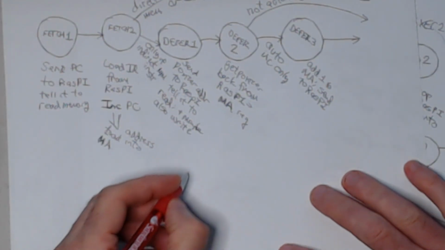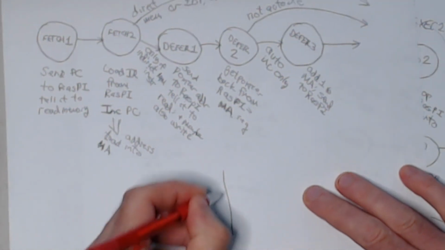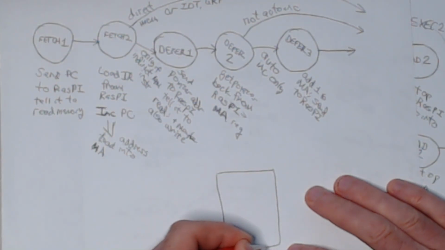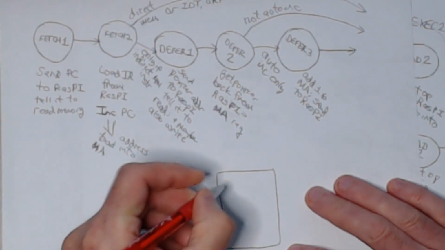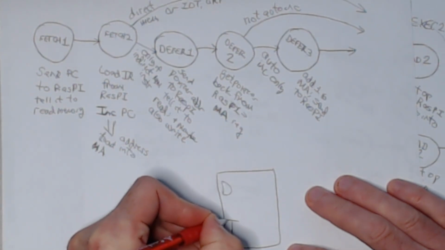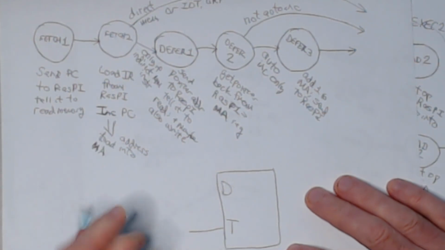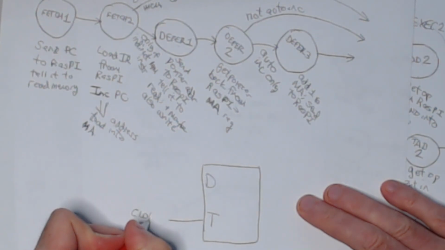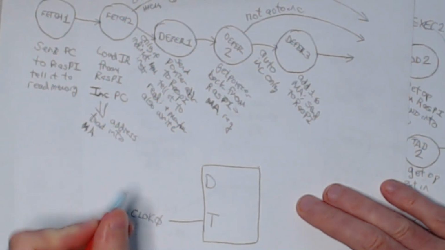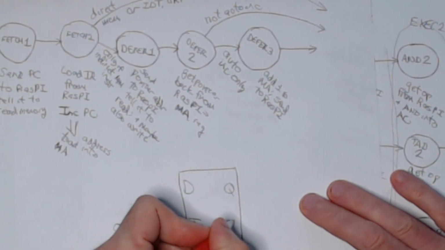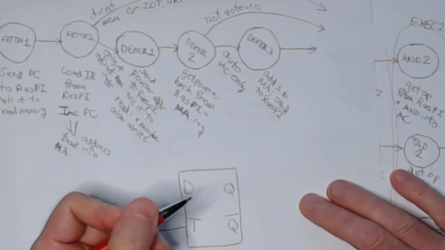Okay, so to draw that out as a regular flip-flop with a gate, we would draw our little flip-flop here, a D input, a T input for the clock, and that just goes to our common clock signal. Remember, clock 0. And we have our Q output and Q bar output.